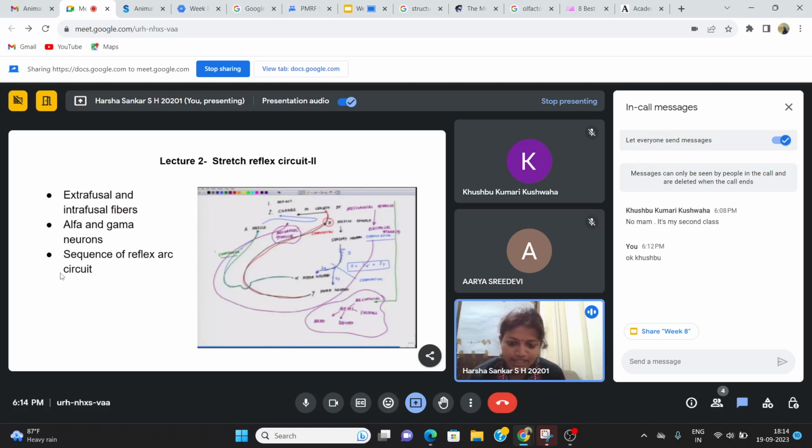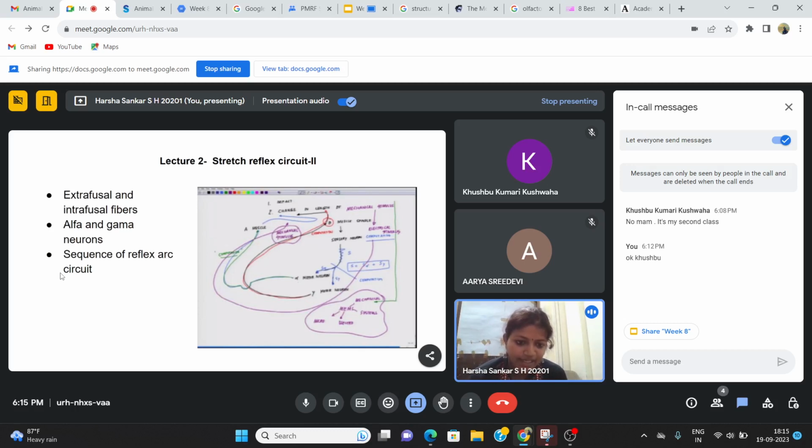So all these changes happening together in our body will finally lead to the final result, which is the stretching, right? If we talk about the final sequence of the reflex arc circuit, connecting all these things, it will start with sensors, and now we know that those sensors are called muscle spindles.